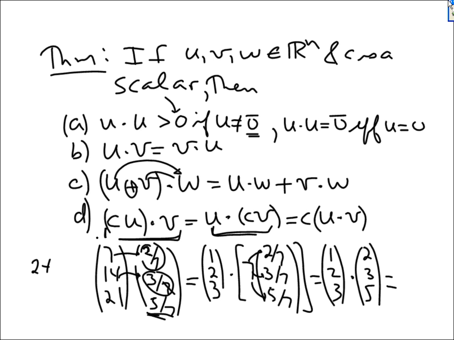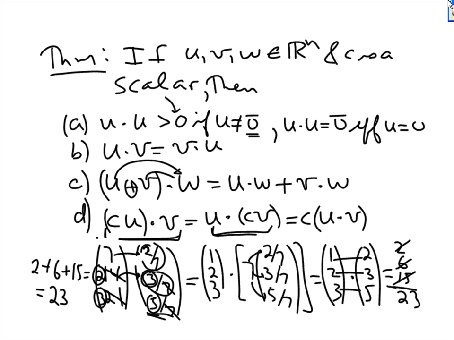Now you have to say 7 goes into 14 2 times, 2 times 3 is 6, plus 21 times 5 over 7. 7 goes into 21 3 times. 3 times 5 is 15. So the answer is 23. I'd rather go 2 plus 6 plus 15. 2, 6, 15. 15, 21, 23. Okay, I don't want to deal with fractions.